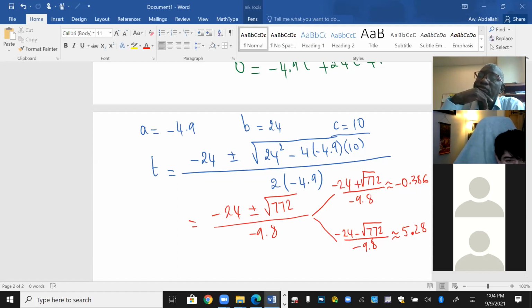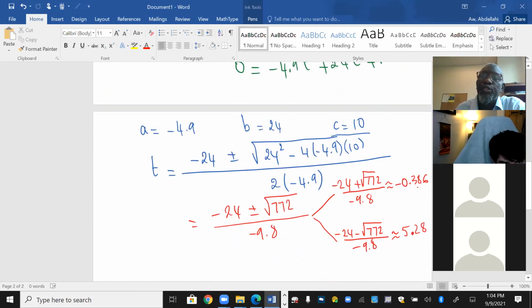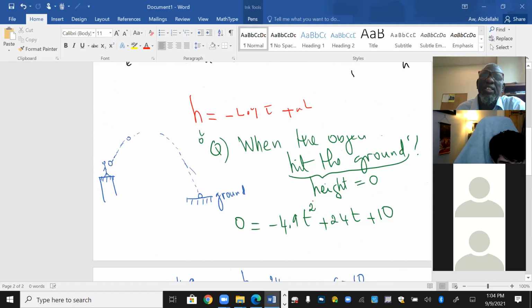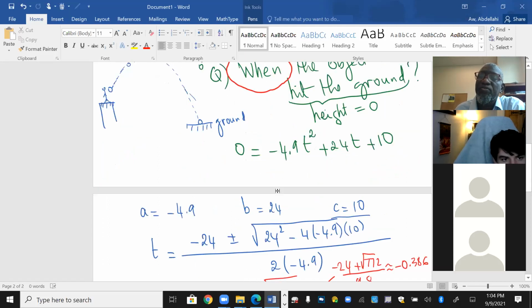H equals negative 0.386 or positive 5.28. Okay, so basically you are proposing to give the two numbers as your final answer. But look at the question right here. When we say "when," my answer should be a time, right? Yes.